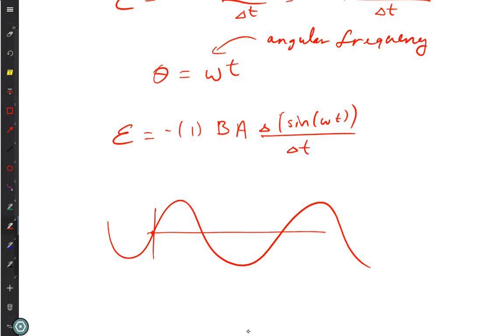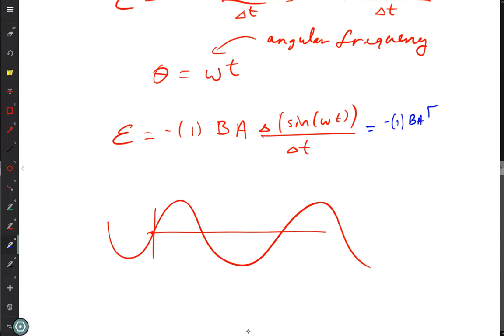So one of my calculus students, what's the derivative of sine of omega t? One more piece: times the derivative of the inside. So we have the minus 1 that was out front, BA, and then we should have omega, cosine of omega t.